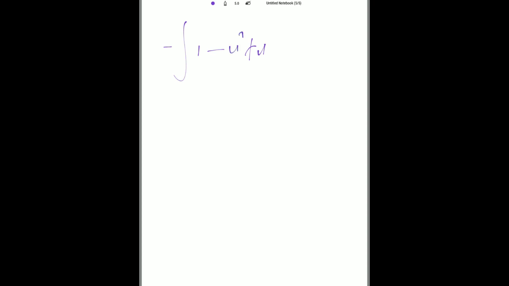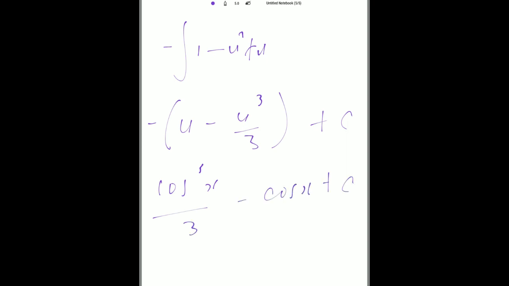So integrating that with respect to u gives us negative u minus u cubed over 3, but what is u? u is cos x. We left out our constant of integration. So all in all, this would give us cos cubed x over 3 minus cos x plus c.